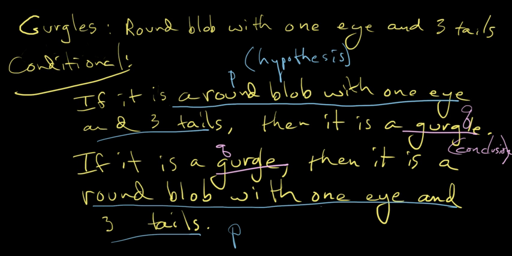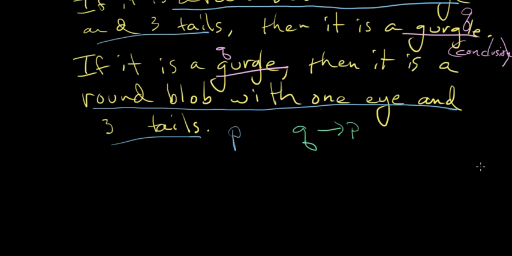So up here in this first statement we have P implies Q, and down here we have Q implies P. Notice that both of these are true. If it is a round blob with one eye and three tails, then it is a gurgle. And if it is a gurgle, then it is a round blob with one eye and three tails. And so P implies Q, Q implies P, and so we have what we call a biconditional.